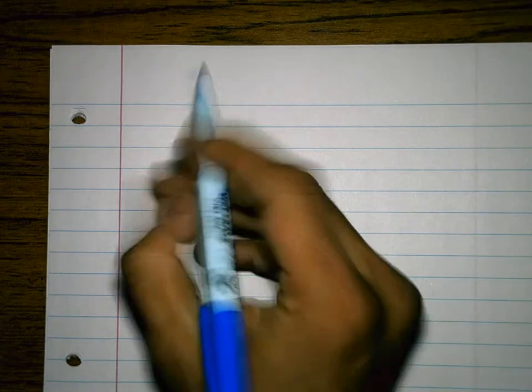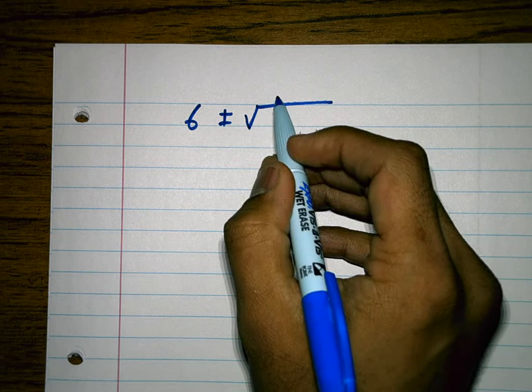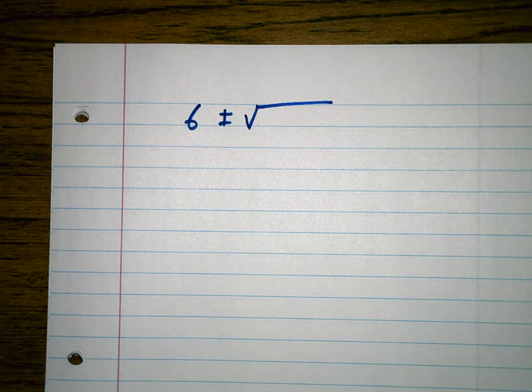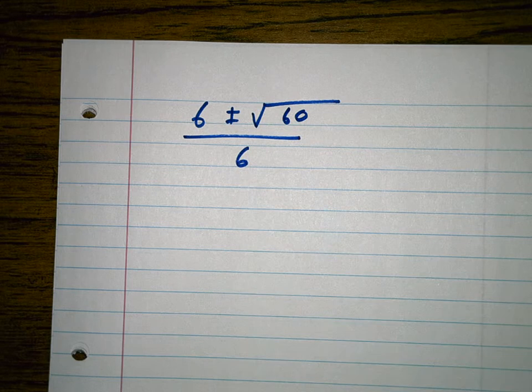On to the next page. 6 plus or minus the square root of 36 plus 24, all over 6.